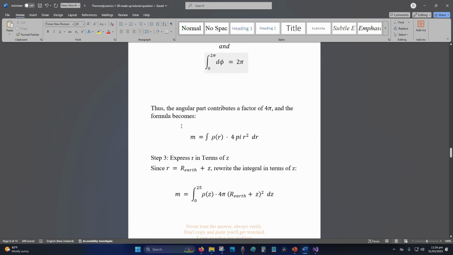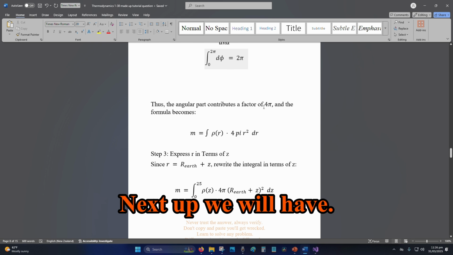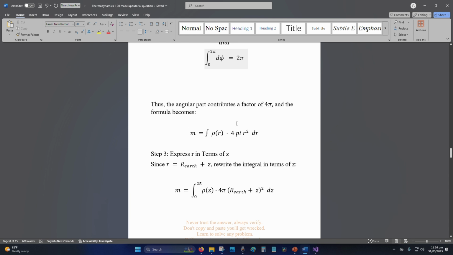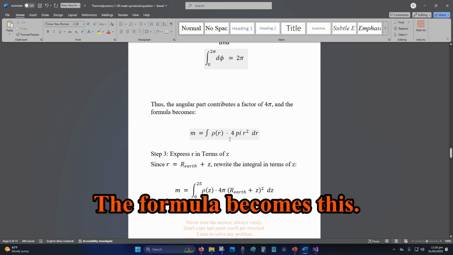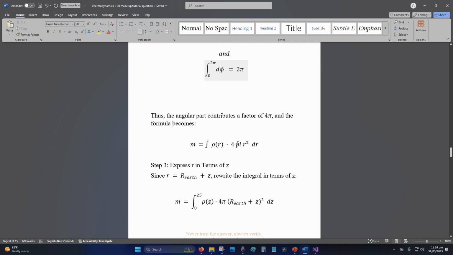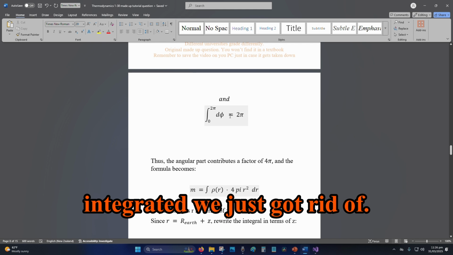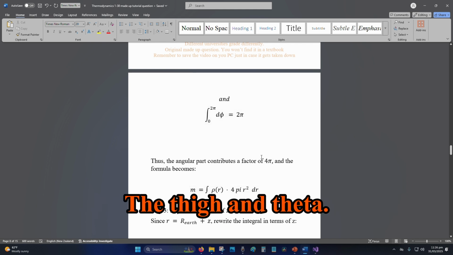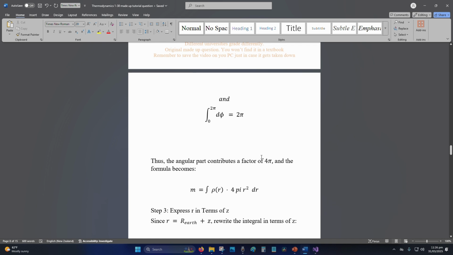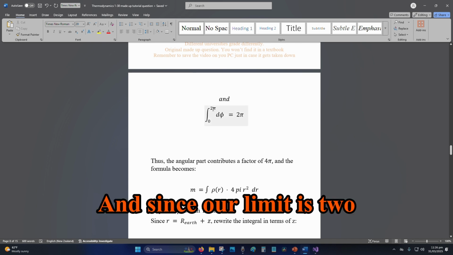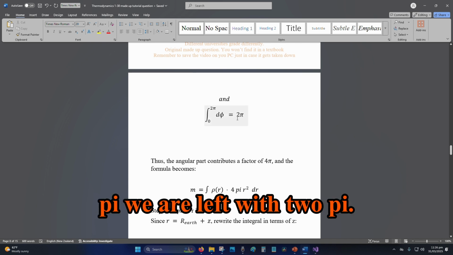So next up, we will have the angular factor. So the formula becomes this. So basically, when we integrated, we just got rid of the phi and theta, and since our limit is 2 pi, we are left with 2 pi.